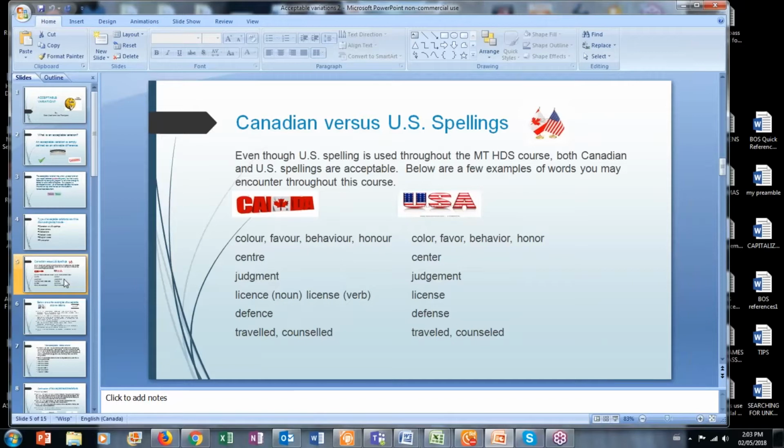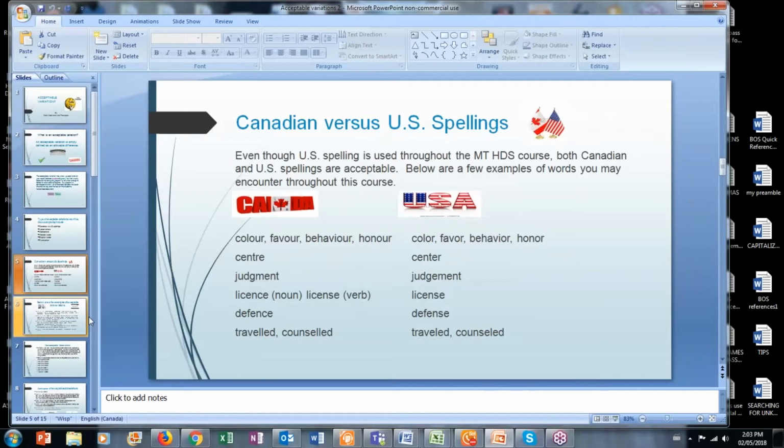The same goes for center. Now, with center, it's a little bit different because we use CENTRE when it's a building, like a medical centre, a health centre, something like that.